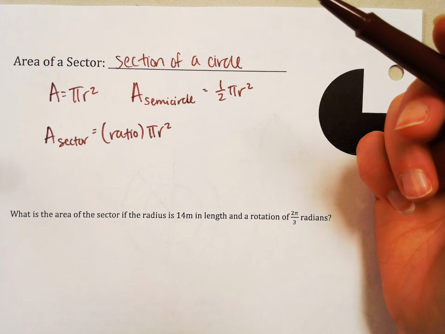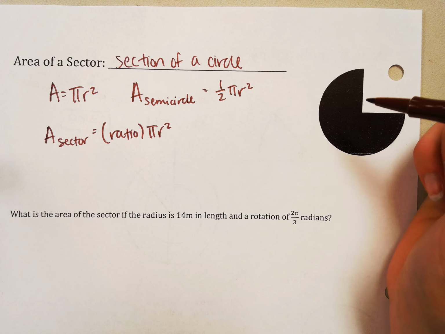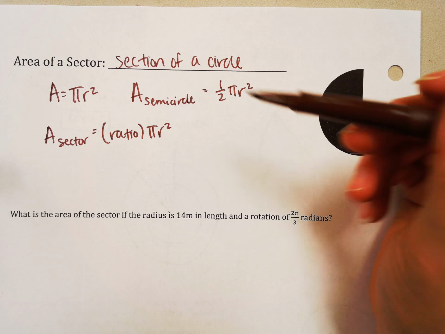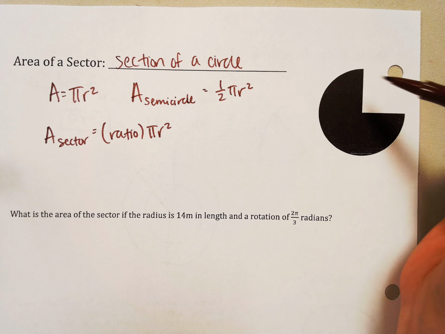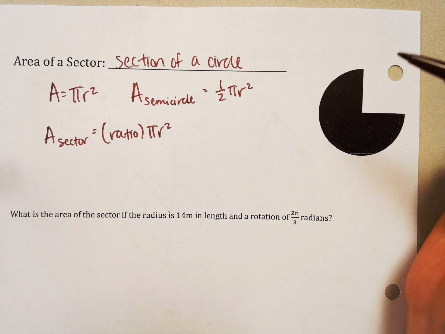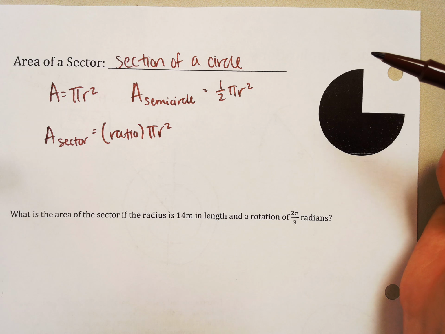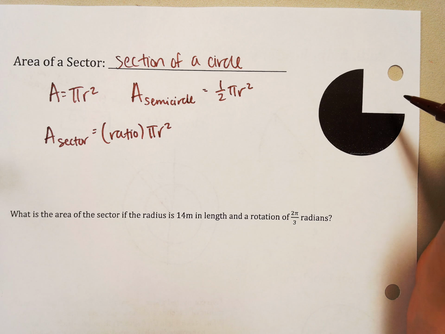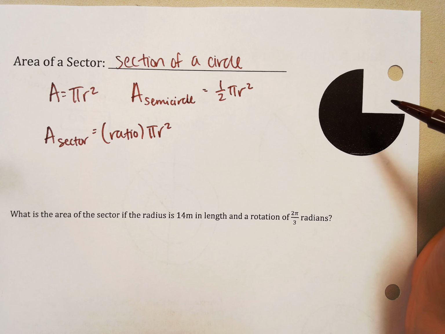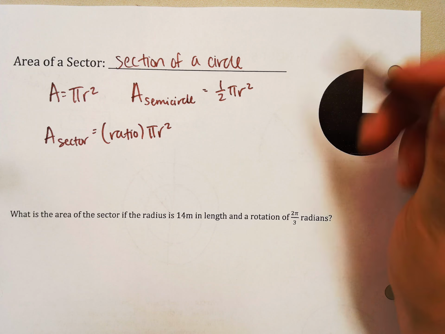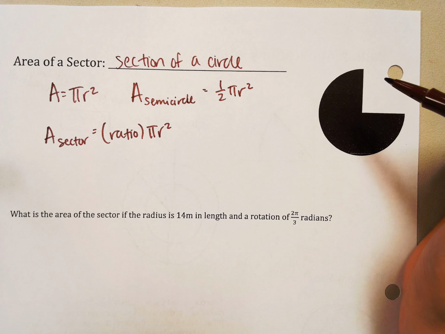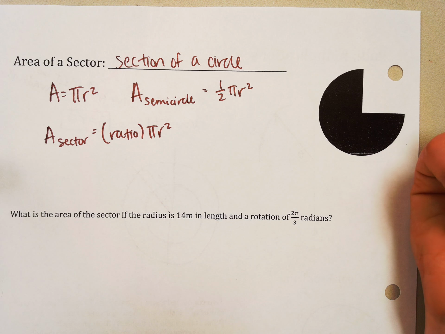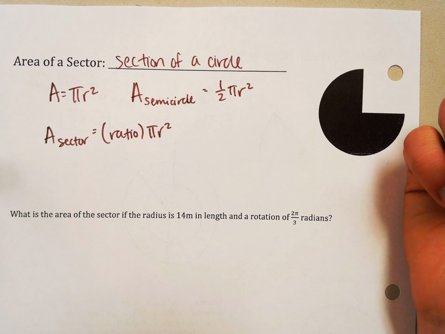Usually this ratio that we're given is in terms of some fraction, but sometimes we are given some ratio in terms of a radian measurement or a degree measurement. So for this one, this is obviously 3/4 of a circle, but this could also represent 270 degrees or 3 pi over 2 radians of our circle too, because it just depends on where we are on our circle and then the intercepted arc that's located with that.